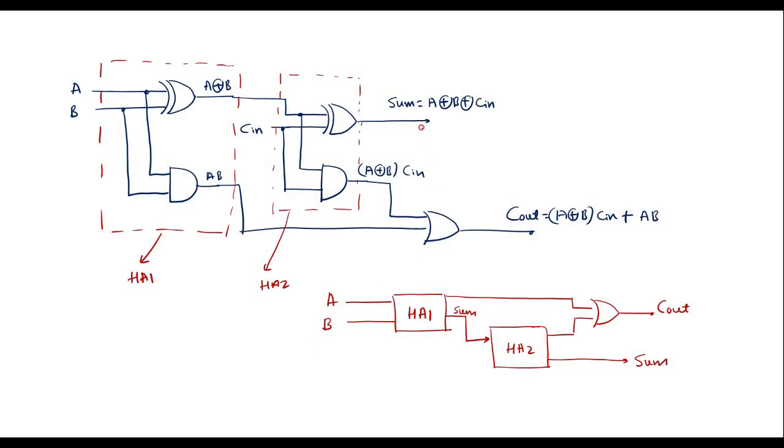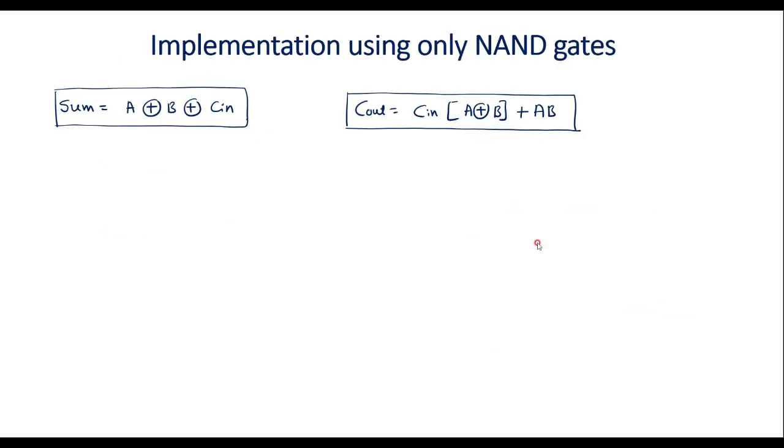Now I will try to implement this sum and carry expression using only NAND gates. This is the sum expression, A XOR B XOR Cin, and Cout is Cin multiplied with A XOR B plus AB. In one of my videos, please refer to it, I have shown how to implement an XOR gate using NAND gates.